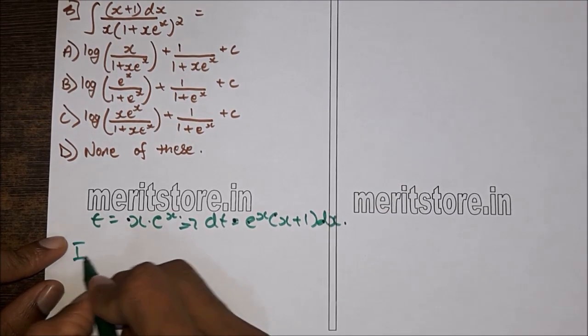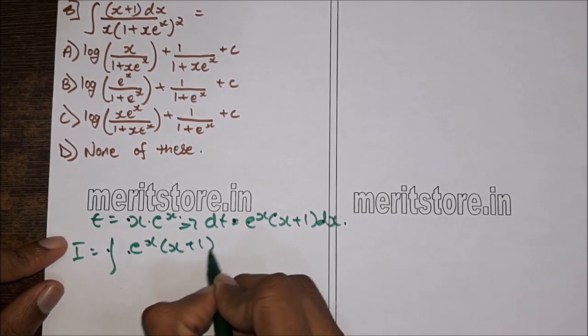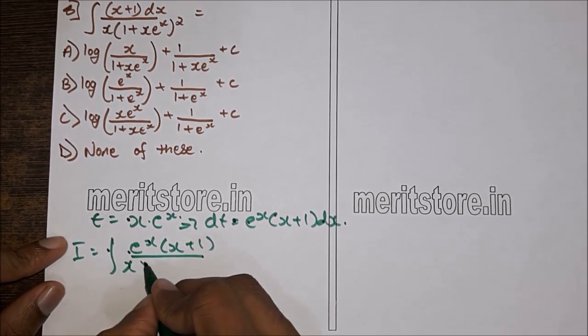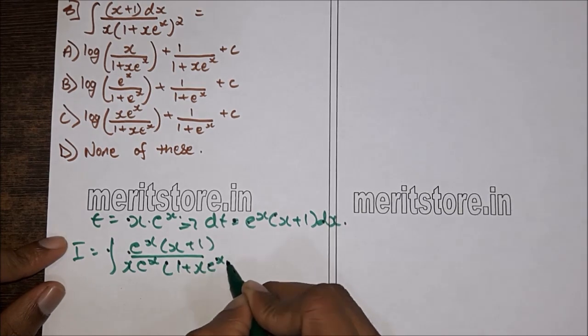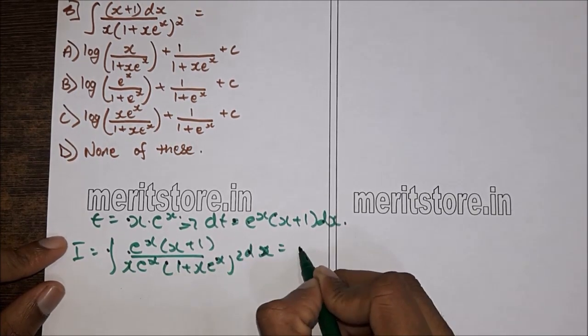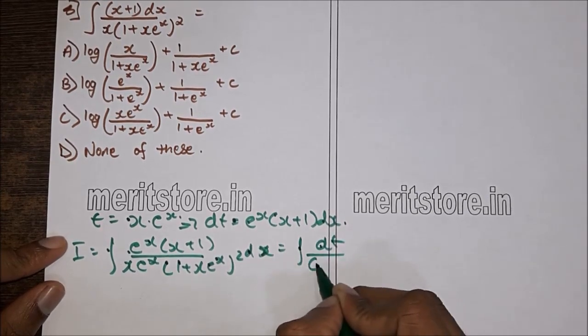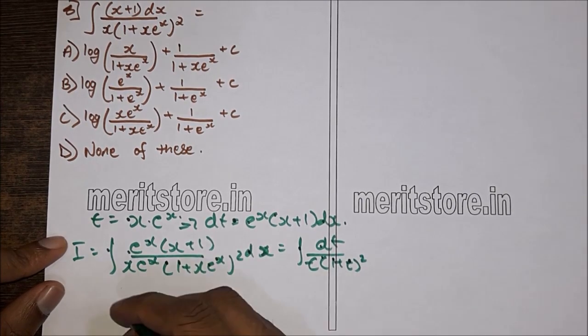So we take I equal to integral of e raised to x plus 1 upon x into e raised to x 1 plus x into e raised to x the whole square dx, where we get this as integral dt upon t 1 plus t the whole square.